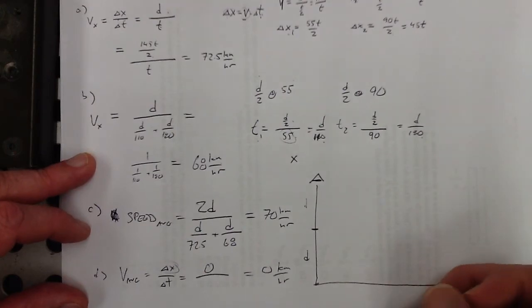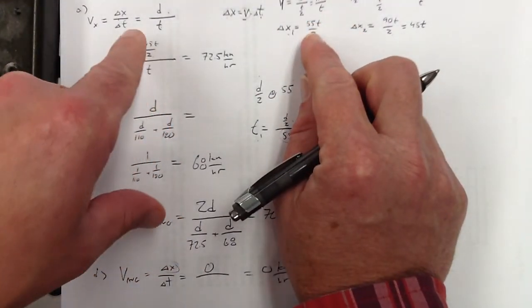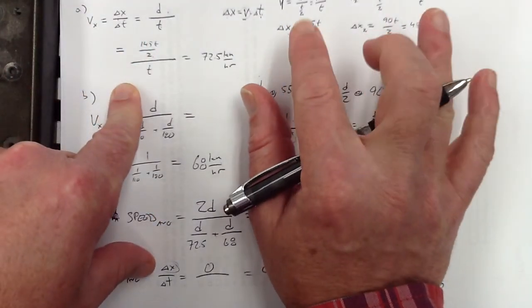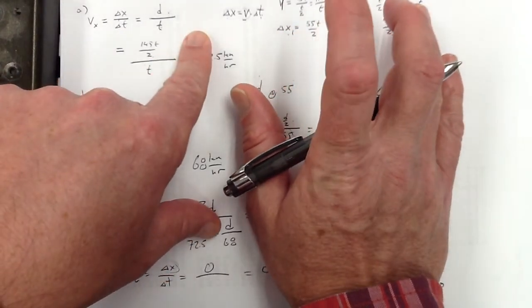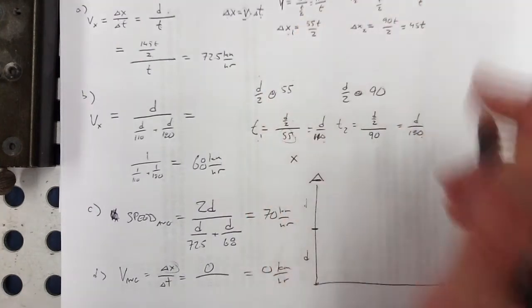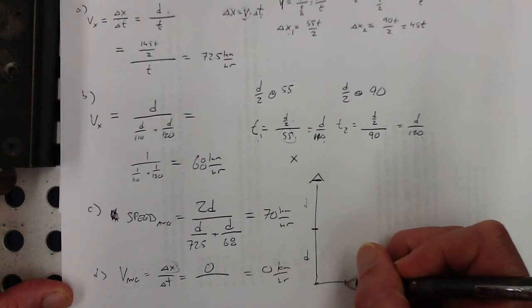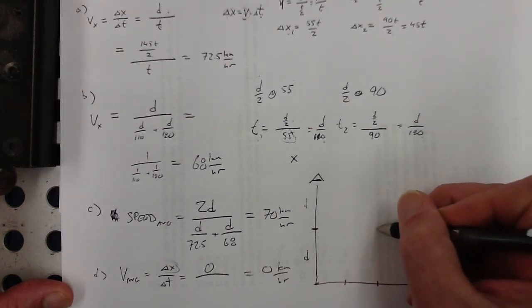So on the way there, we did half of the, was it the time or the distance here? Here it was half of the time. Half the time.